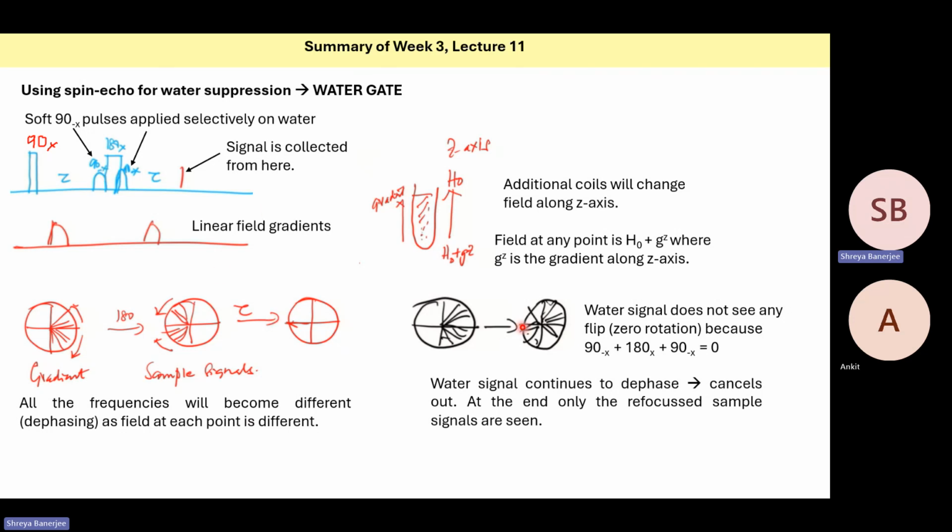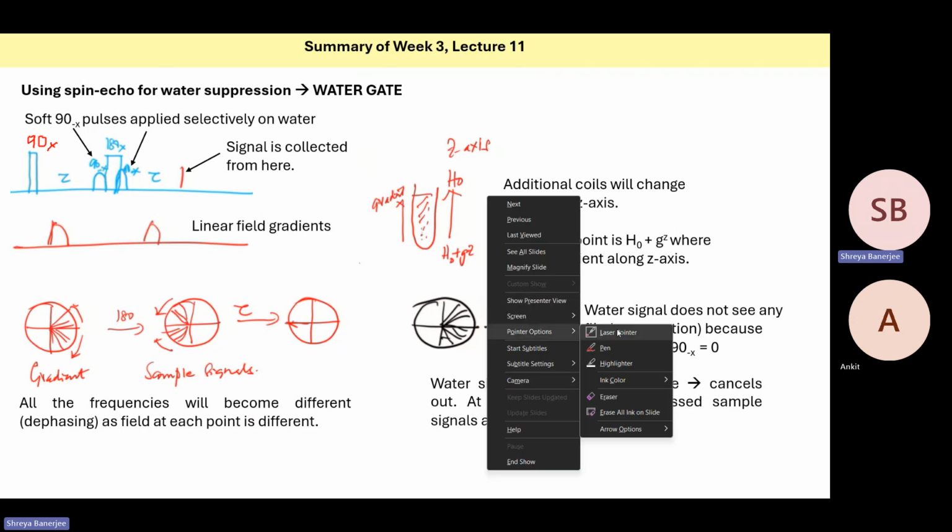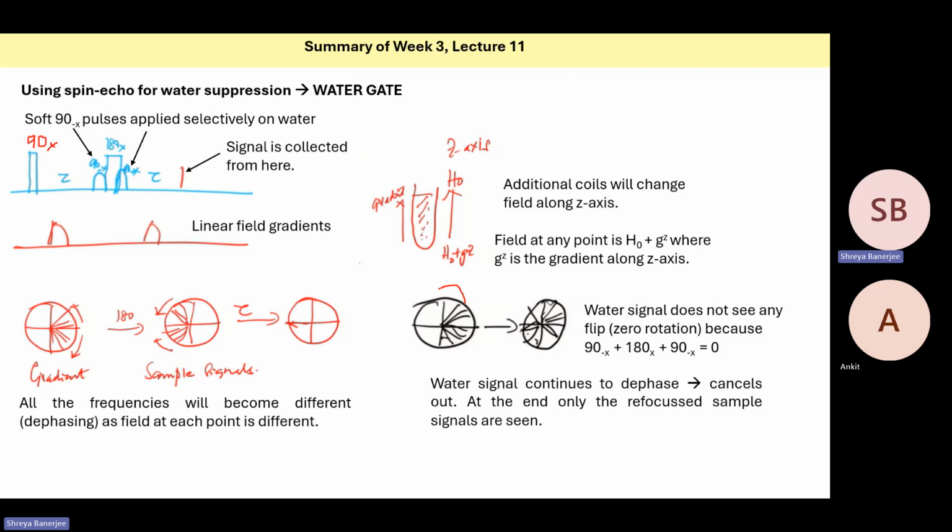So what will happen if the net pulse cancels out is that these will continue moving, and ultimately they will spread out. So the phase will spread out. If you remember the hypothesis of random phases, that is what is happening. All the phases will spread out equally in all directions. So that will lead to cancellation of the water signal.